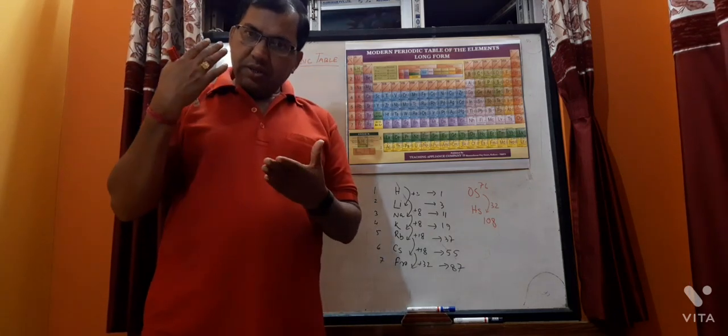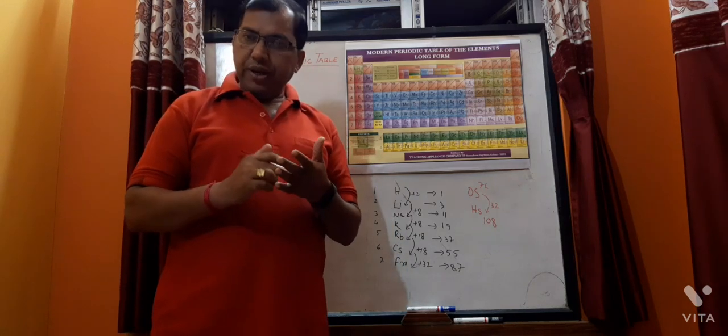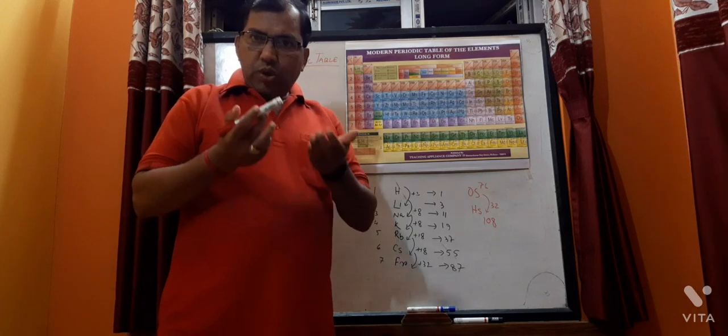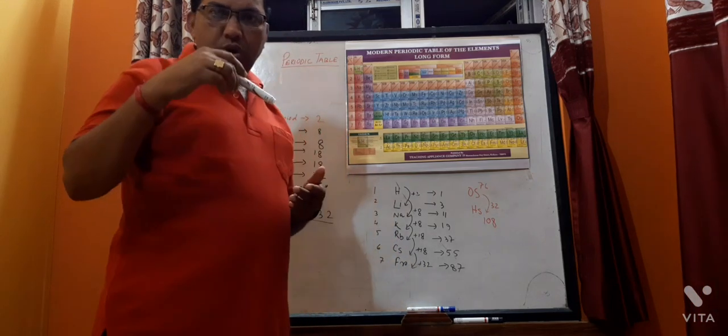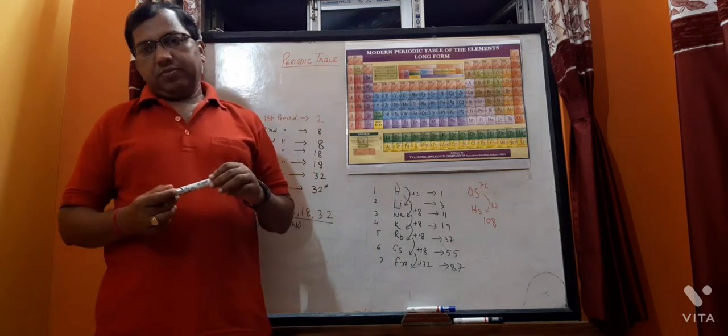Because if you add a magic number to any element in the periodic table, then we will get the number of the element just below the element you have taken.